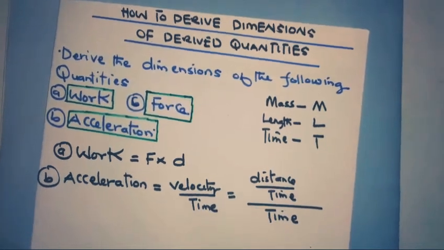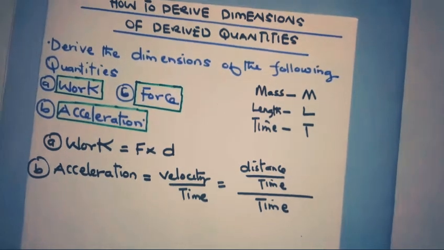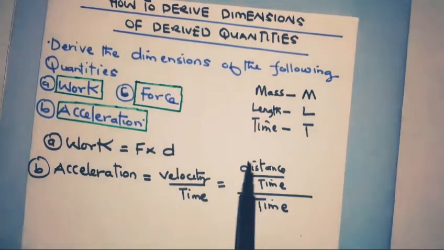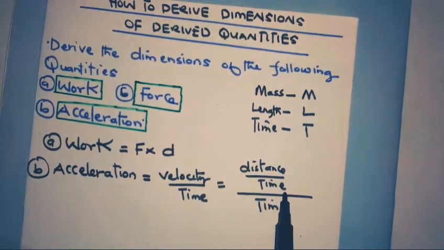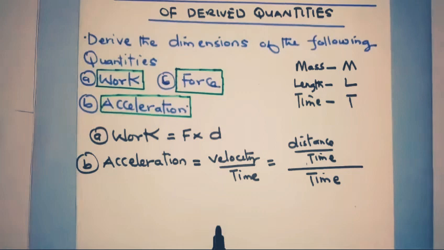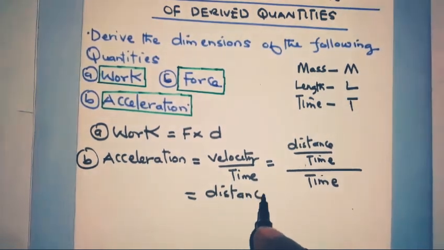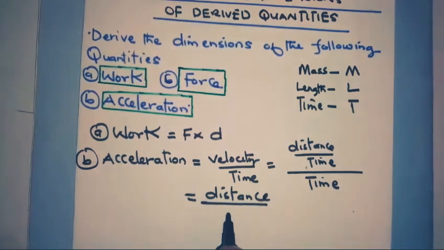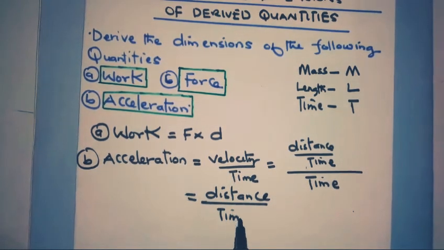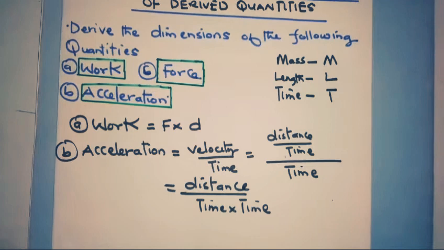Now there is a principle in fractions that if you have a fraction such as this and the numerator is also a fraction, the denominator of the numerator goes down to meet the other denominator. So what it is going to be is distance over time multiplied by time.